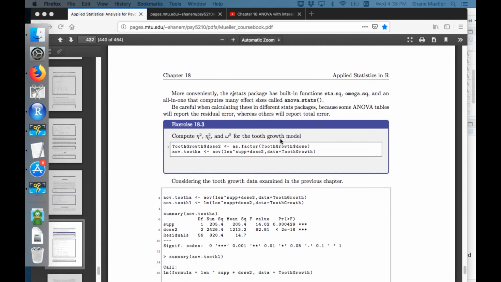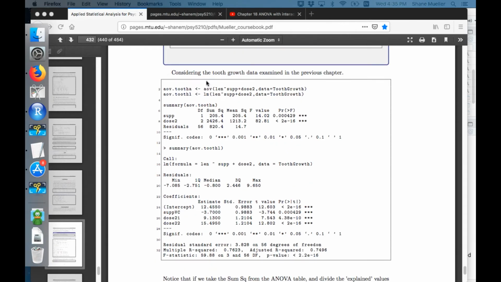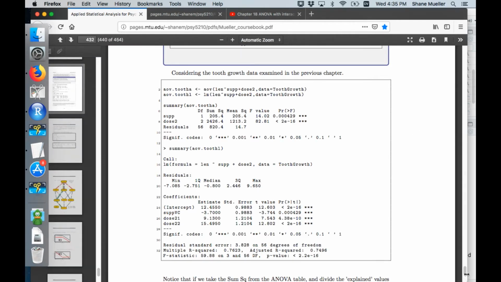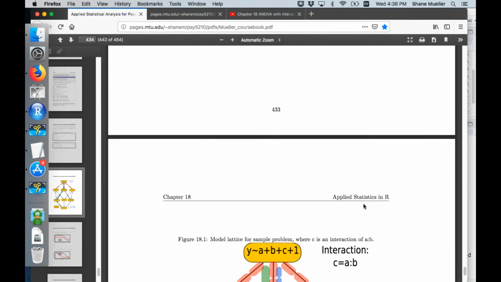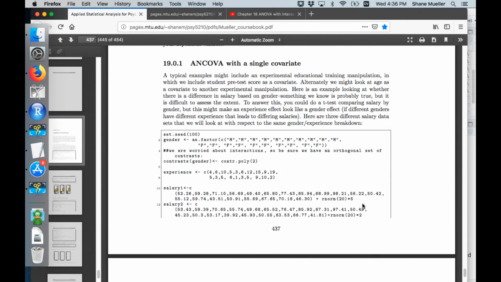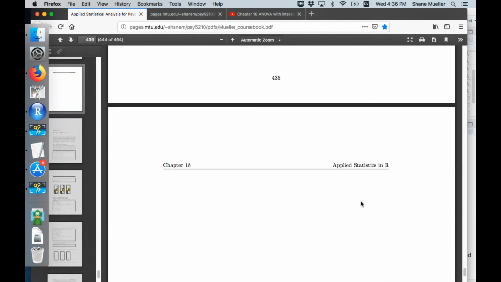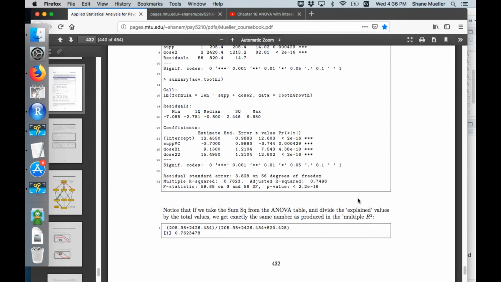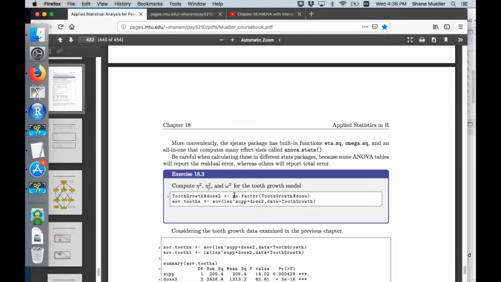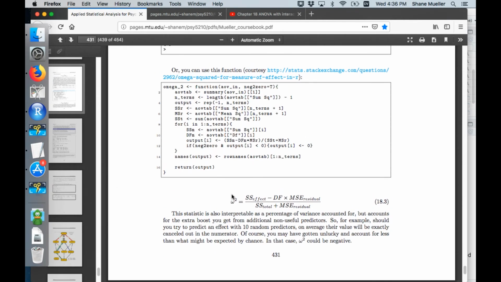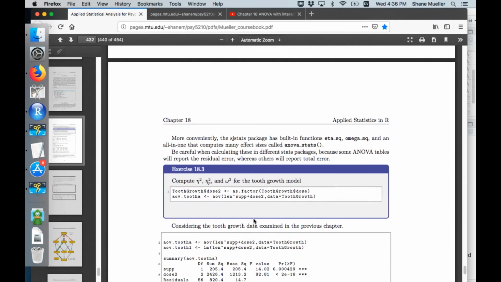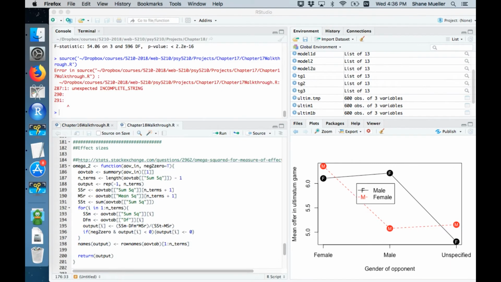There's also a library available called sJstats, and I think it should be updated in this book now, that has a function that lets you compute it.